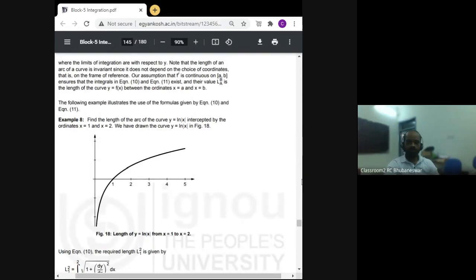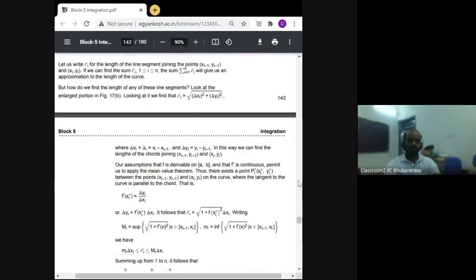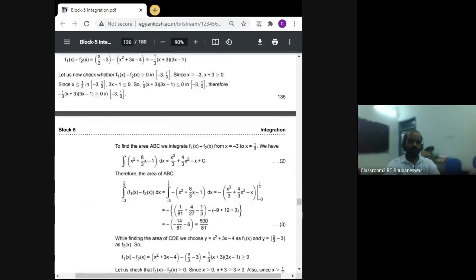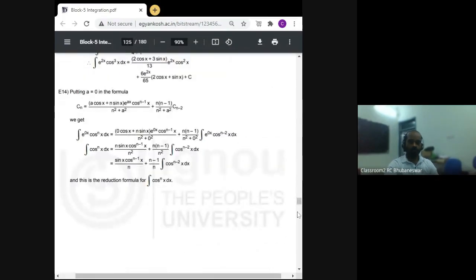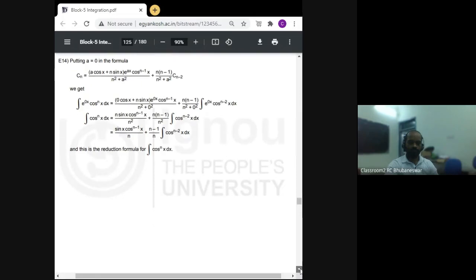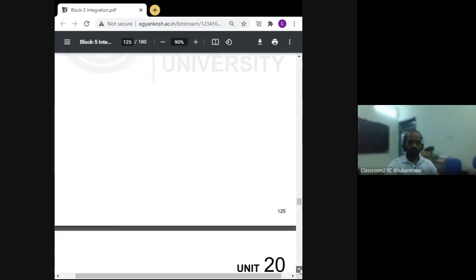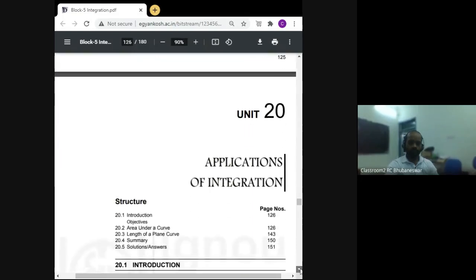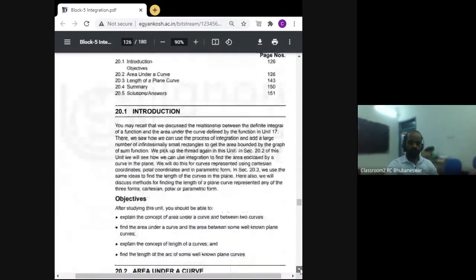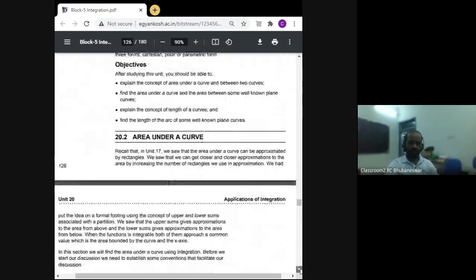Application of integration, area under a curve.